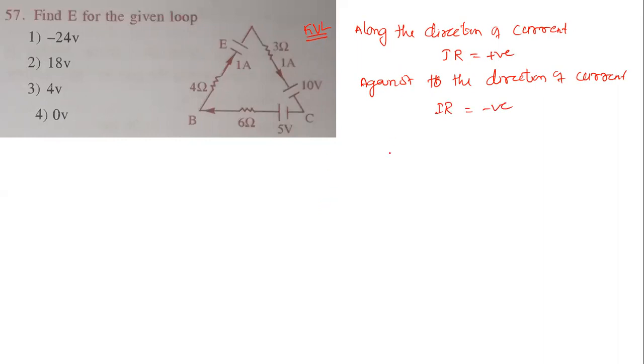During this process, if you find the battery's positive terminal first, take positive EMF. If you find the battery's negative terminal first, you take negative EMF. That's simple. So if you are moving along the direction of current, take IR positive. If it is against the direction of current, take IR negative. When you reach the positive terminal of the battery first, take positive EMF. And if you reach the negative terminal first, take negative EMF. That's it.